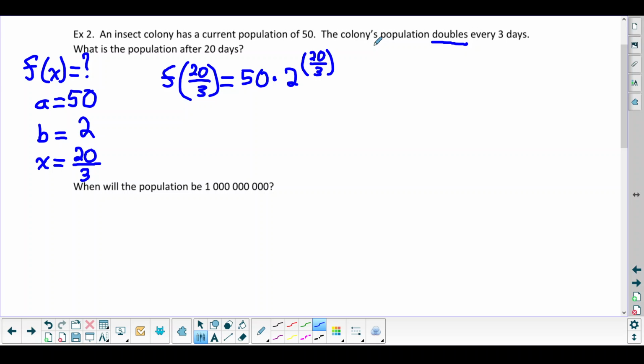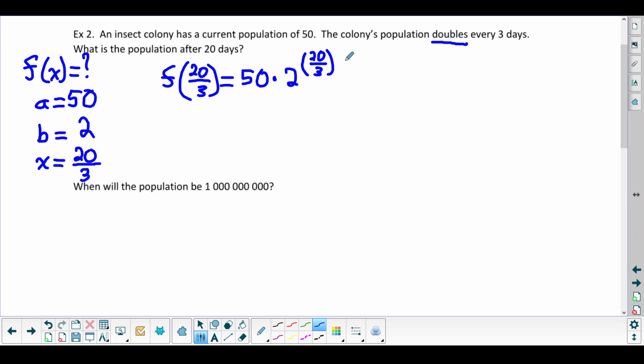It's very common for calculators, when you type fractions in for exponents, to not do them properly. So if you use a fraction exponent on your calculator, make sure you put that exponent in brackets. So I'm going to do 50 times 2 to the power of, remember, just the 2 has the exponent on it, not the 50. And then I'm going to open bracket, 20 divided by 3, close bracket.